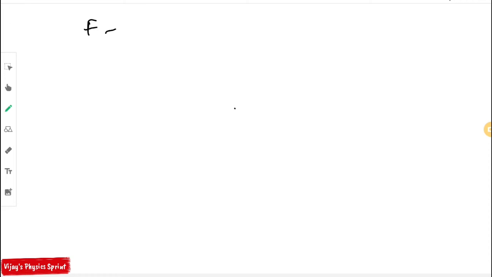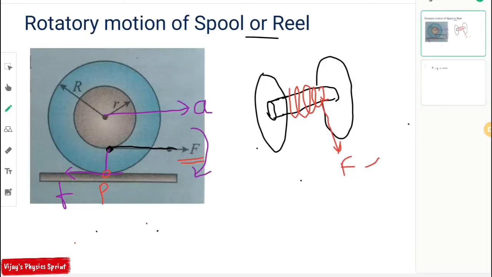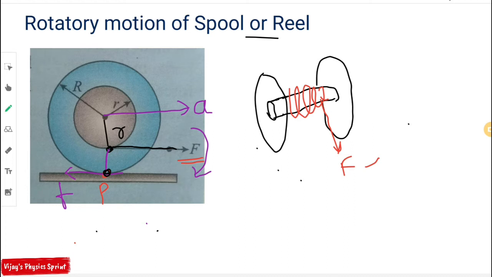The net force is equal to ma, and then we take the torque about the point of contact. From here to here is radius r, and from here to here is radius R, so the remaining distance is R minus r.